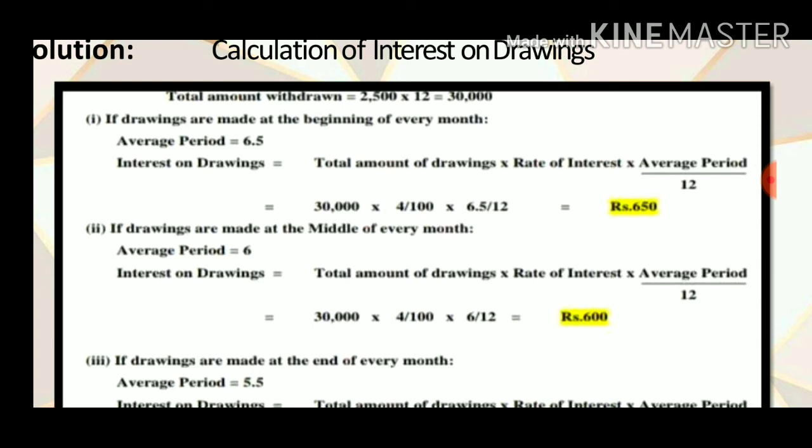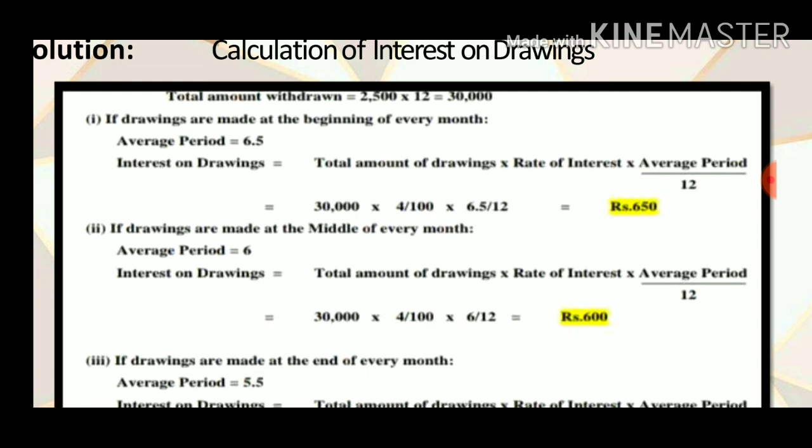This value is known as the total amount of drawings made during the year. If drawings are made at the beginning of every month, as per the table, the average period is 6.5; if in the middle, 6; at the end of the period, 5.5. Here, since beginning is given, the average period is 6.5.